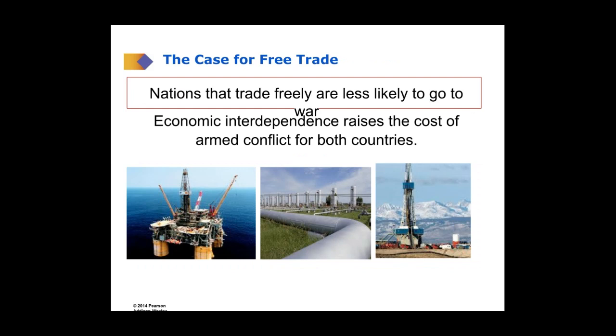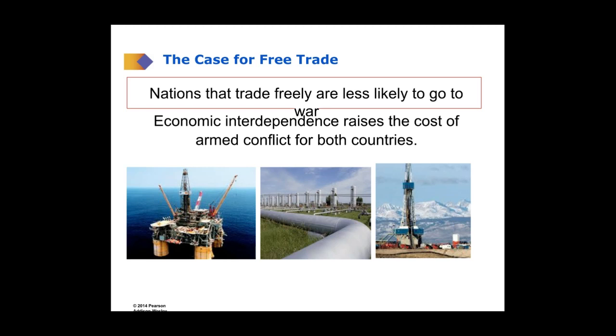Free trade creates an economic interdependence, which raises the cost of any sort of armed conflict for both countries. So countries that are interdependent in this way are much less likely to be engaged in hostile conflict or war, because they're giving up a lot by doing so.